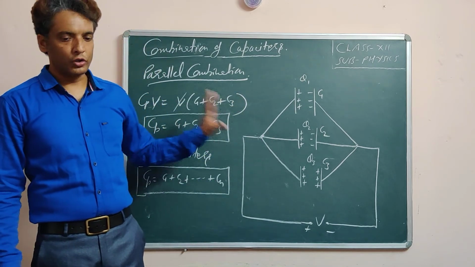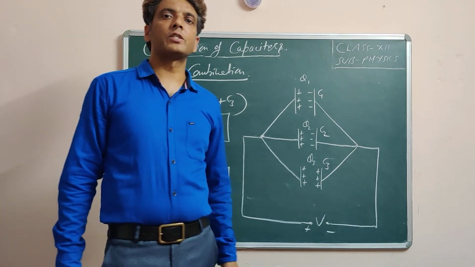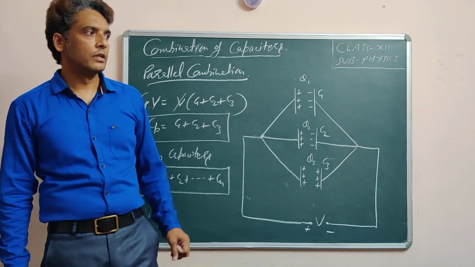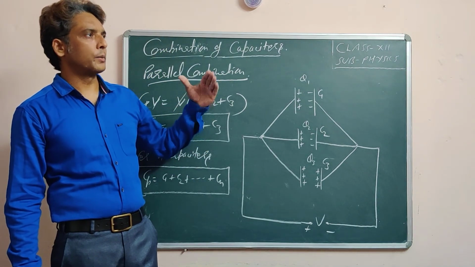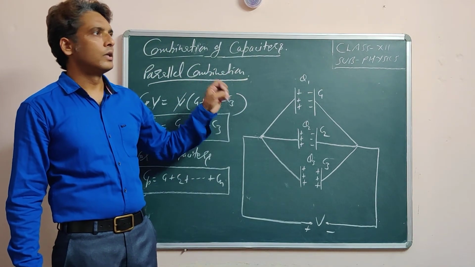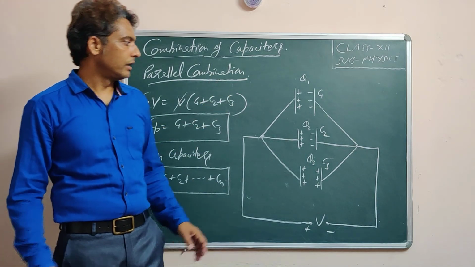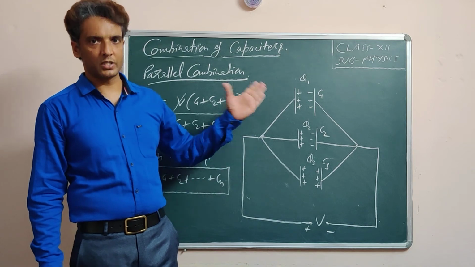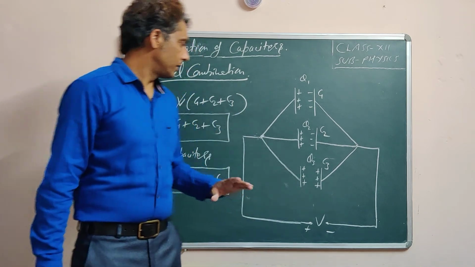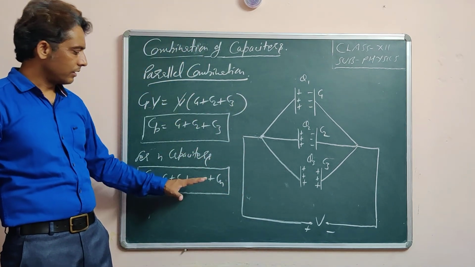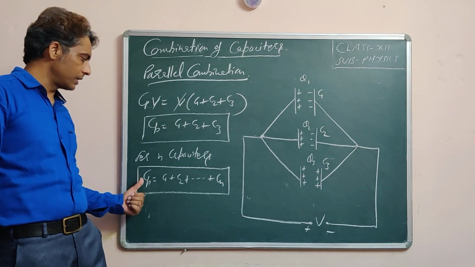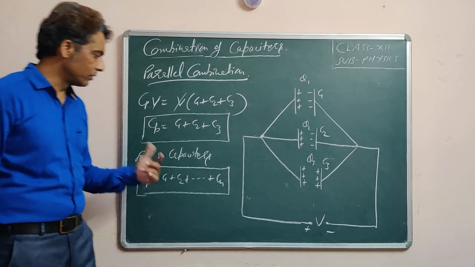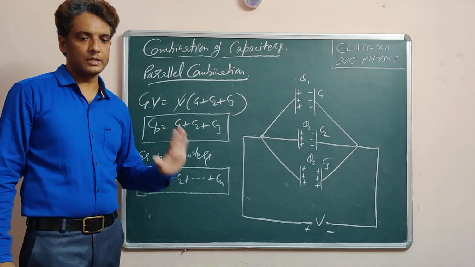So from here we saw that if the capacitors are connected in series, then the equivalent capacitance has value less than the values of individual capacitance of the capacitors, and when the capacitors are connected in parallel, then the equivalent capacitance has value greater than the values of individual capacitances.